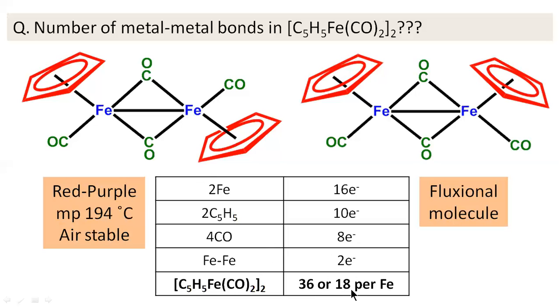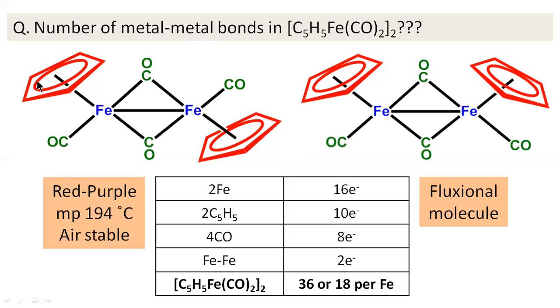So by following the 18 electron rule, we found this compound contains 1 metal-metal bond, and in the experimental crystal structure you can see there exists a metal-metal bond. Only 1 metal-metal bond is present in this complex.